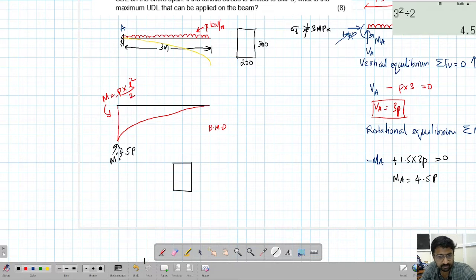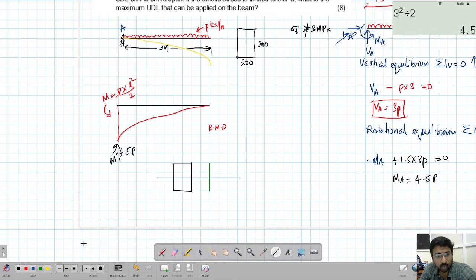This is the cross section. This is the center line, the neutral axis. This is hogging.